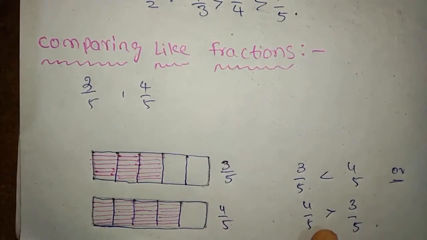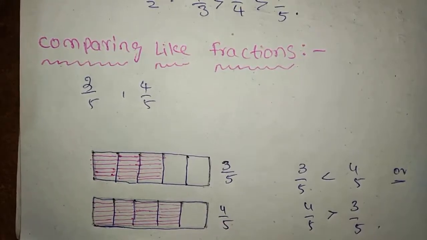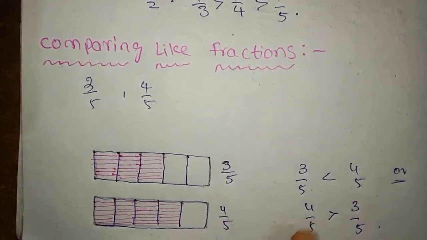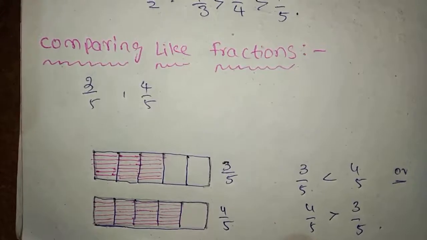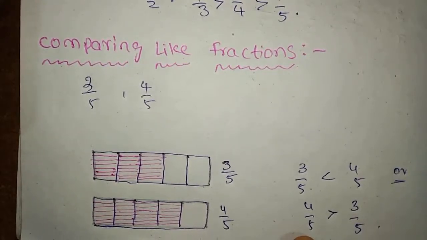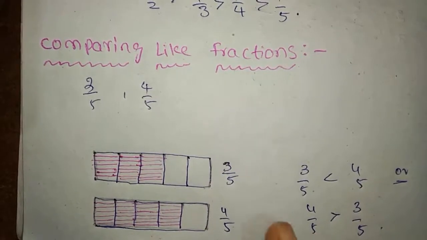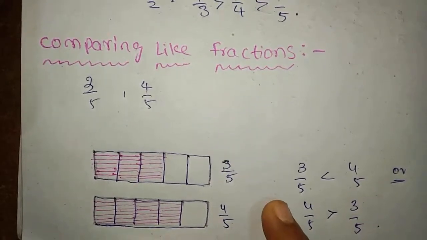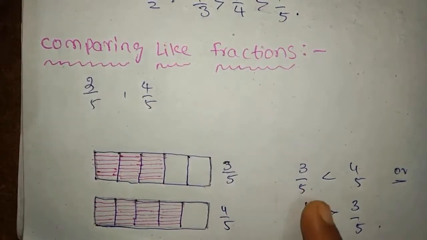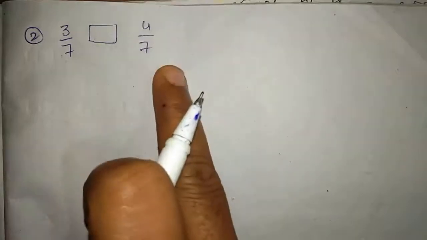So when the denominators are equal, that is, when the given fractions are like fractions, the fraction with the lesser numerator is the smaller one. Let us compare another two like fractions, for example, 3 by 7 and 4 by 7.